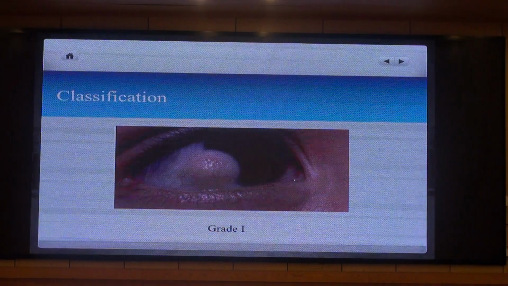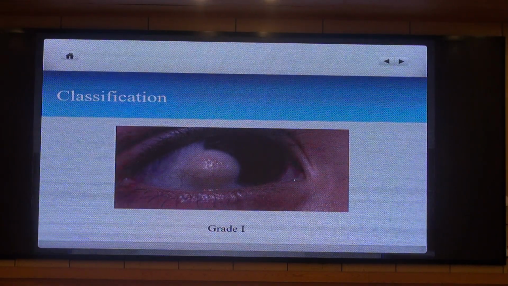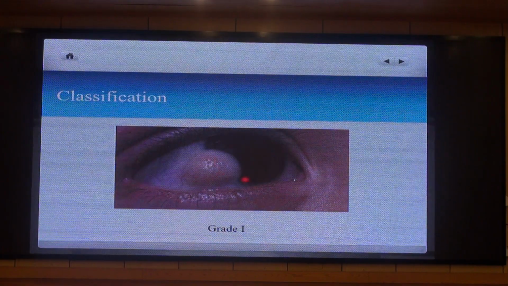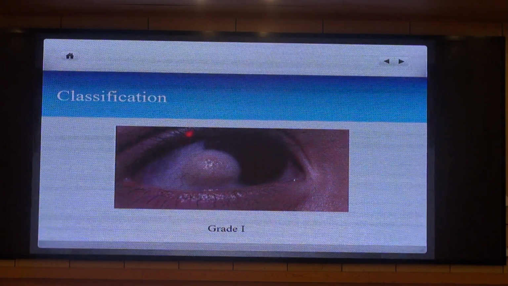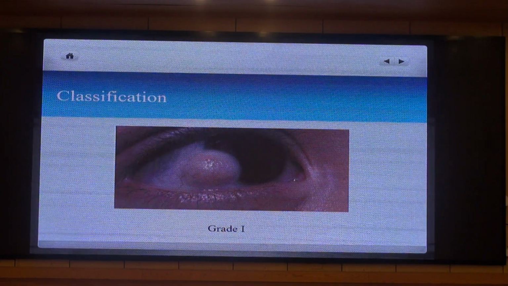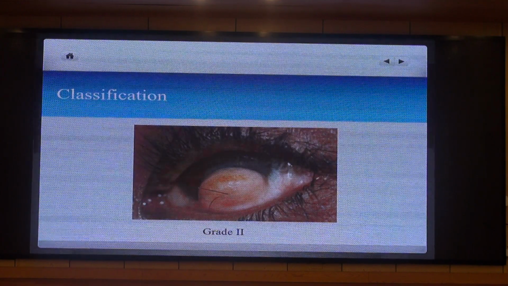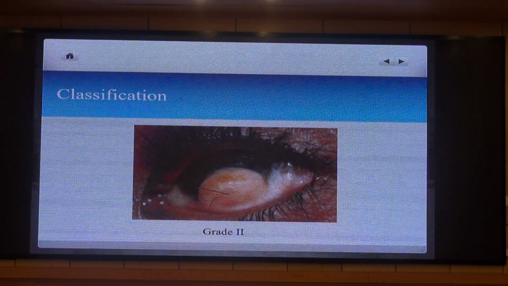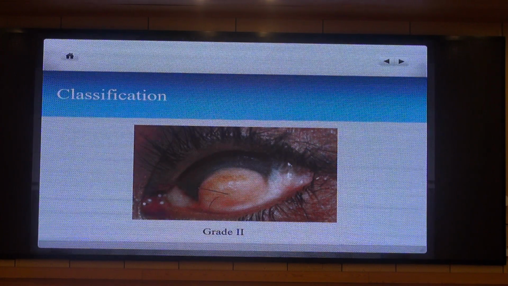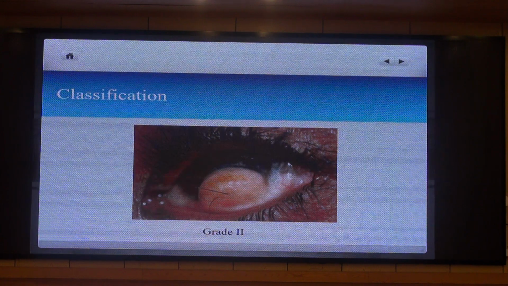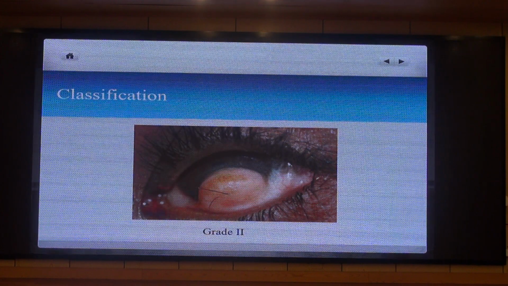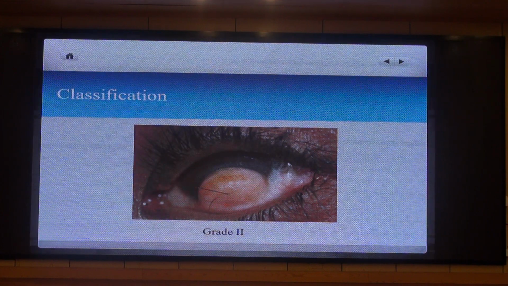Here are some pictures of grade 1. The tumor is under 5 mm and located at the limbus, not too high, not too deep. In grade 2, the tumor is bigger than 5 mm, but extends into the stroma only down to Descemet's membrane without involving it.